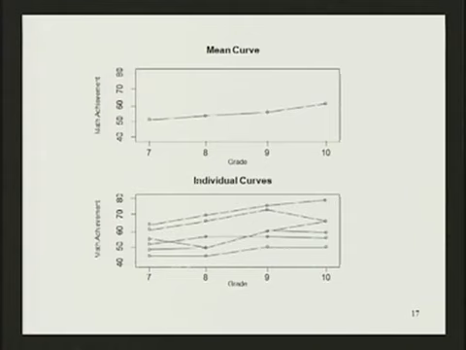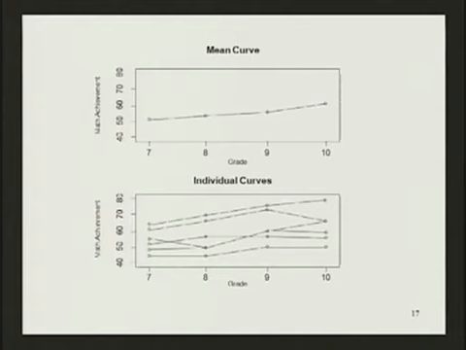You see this person starts pretty high relative to the others and grows at a healthy rate, and it looks like a fairly linear development. Here's a person who starts slowing down after grade 9. Here's a person who starts very much lower than the others and grows at a very much lower rate. In fact, you can ask, is it the case that those who start higher grow at a higher rate?